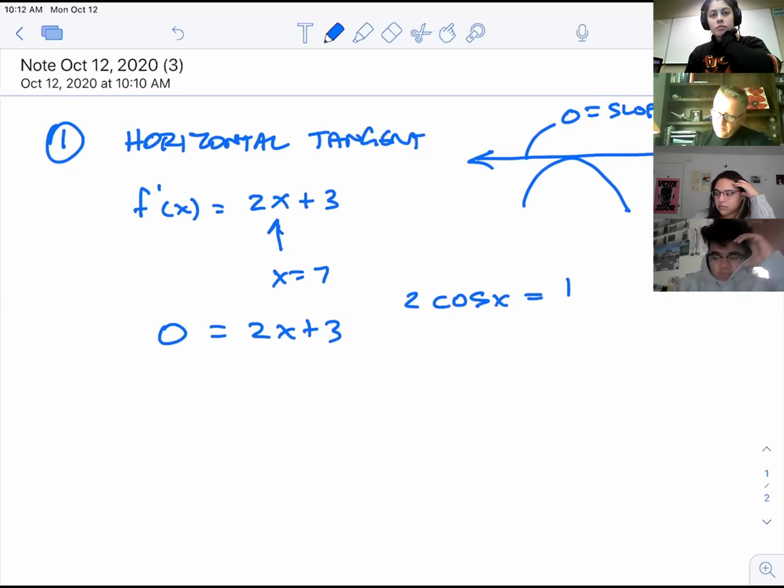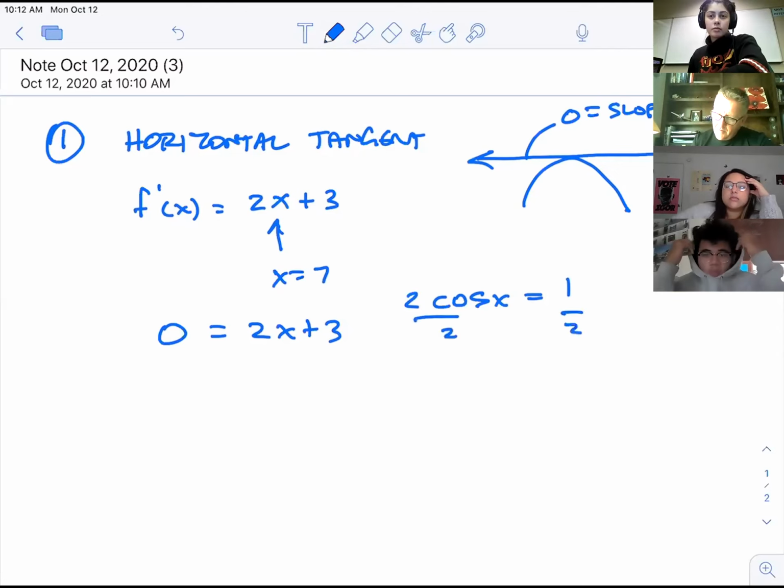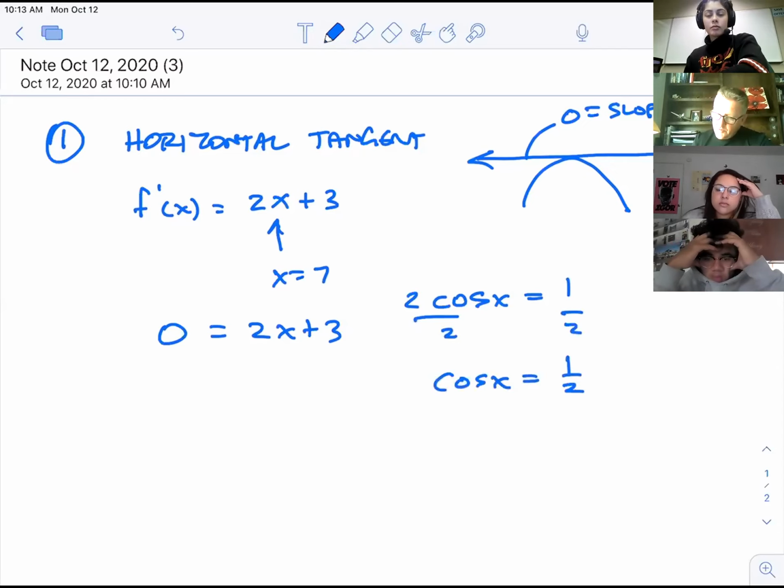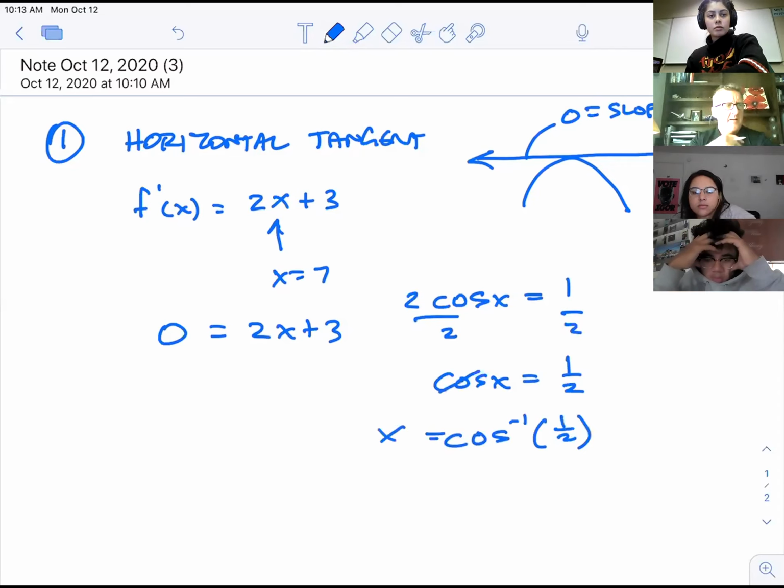But the concept is that to solve for x, I'm going to have to get rid of the 2 in front of cosine, and I can get rid of the 2 right now. And now to get rid of cosine, you take the inverse cosine of both sides. So I take the inverse cosine of a half, and the inverse cosine of cosine gets rid of it. And so now I found the value that makes that slope equal to 1.